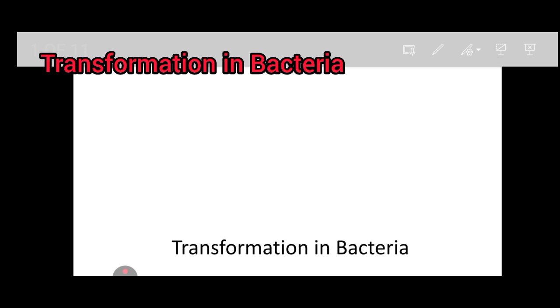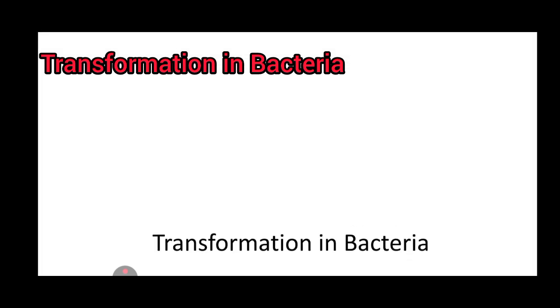In this video tutorial, we'll be going to discuss transformation in bacteria. In the previous presentation, we discussed conjugation, a kind of horizontal gene transfer between bacterial partners through which the recipient acquires new traits.